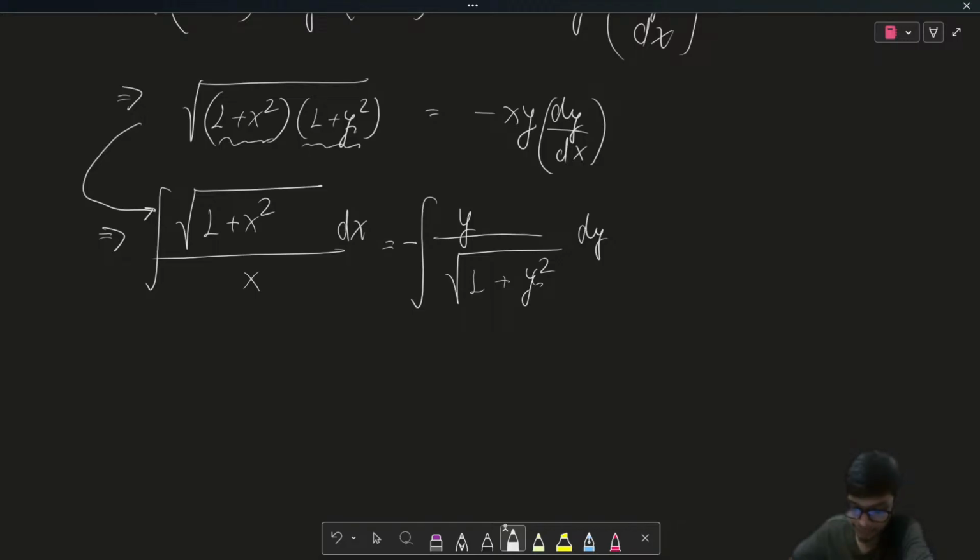Then we can perform the integration over here. We can perform this integration by simply applying integration by parts.